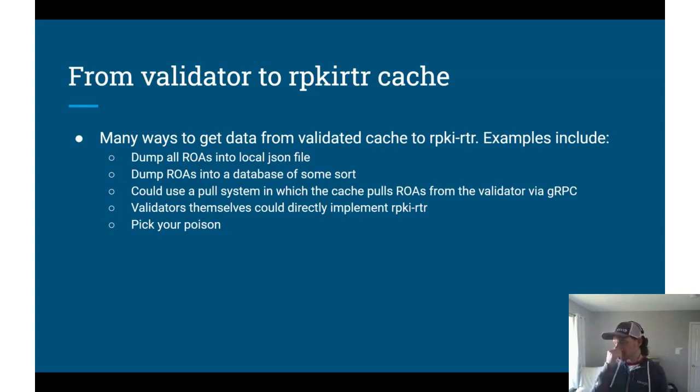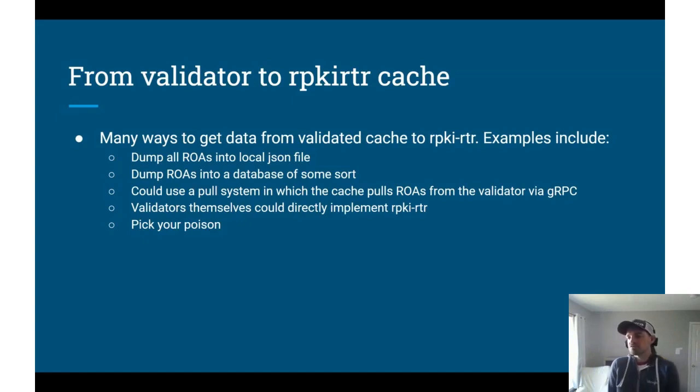I put a couple of examples here. Your validators could dump these ROAs into a JSON file. They could go directly to a database. You could have the cache set up timers to pull ROAs from the validators via gRPC or whatever you want. Or if you fancy, you could write your own validator, which directly implements rpkirtr and sends it to your routers.